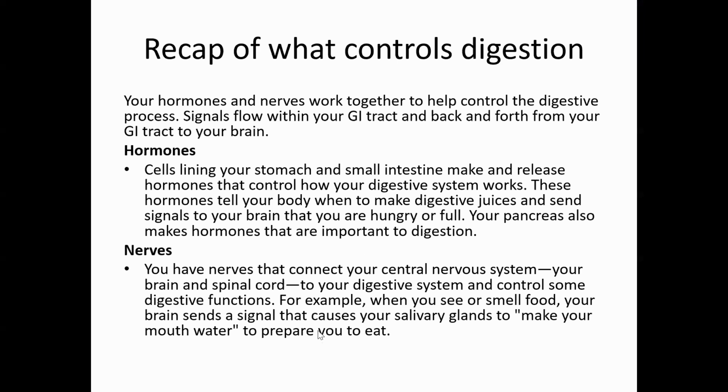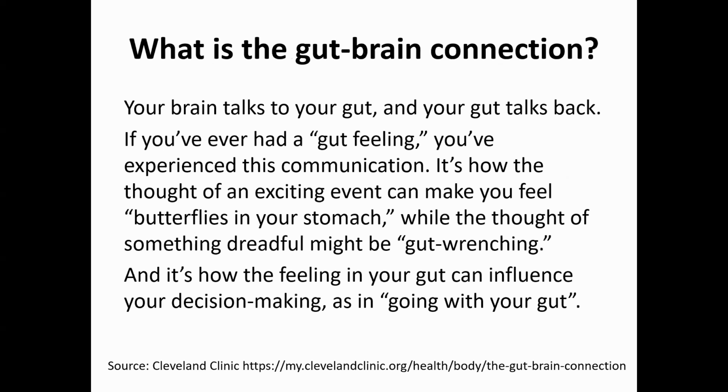Yes, we have those nerve endings that help us to smell food and send the signal to our brain to make our salivary glands water. But even more so, the brain-gut connection talks a little bit about what I talk about in my book.